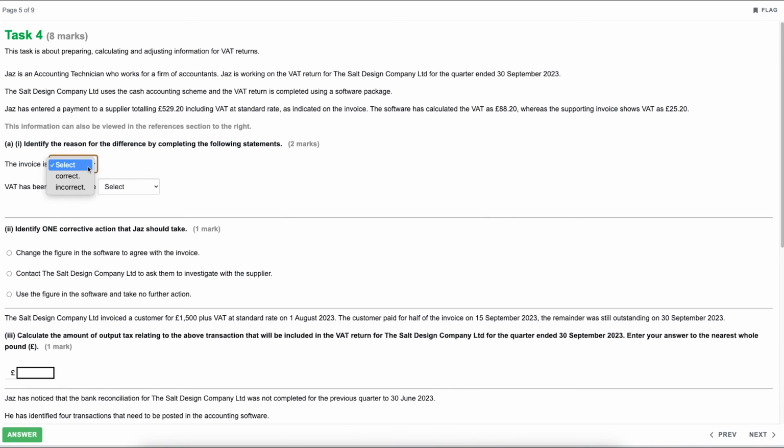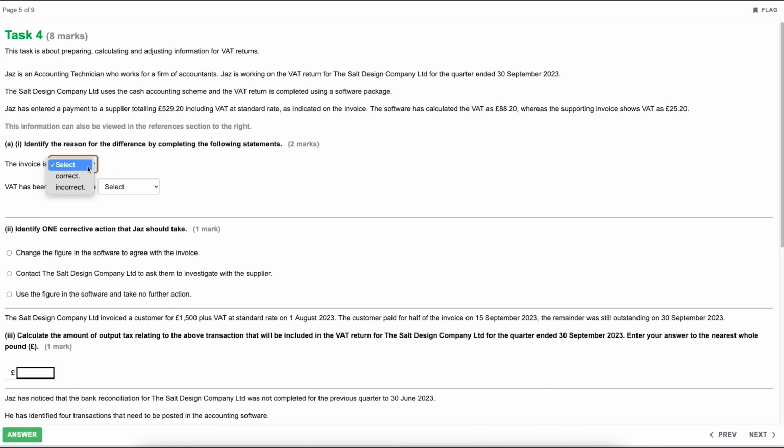So to know whether this is correct or incorrect, fairly straightforward. All we need to do is calculate the VAT on the amount that's been paid of £529.20. So we know how to do this now. We can either divide that by 120 and multiply it by 20, or simply divide it by 6.